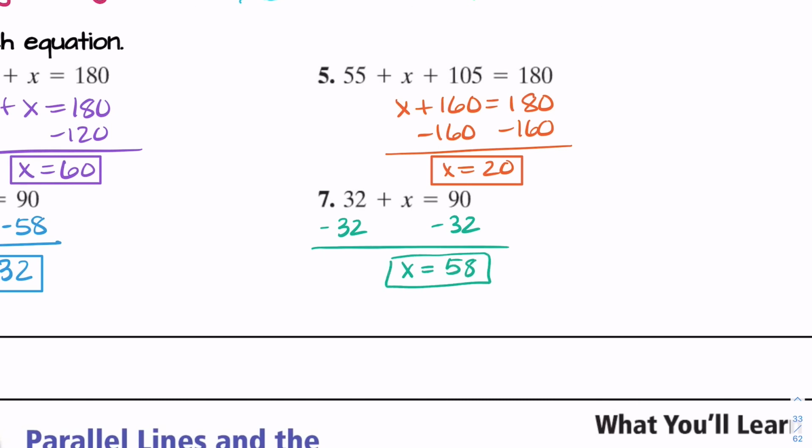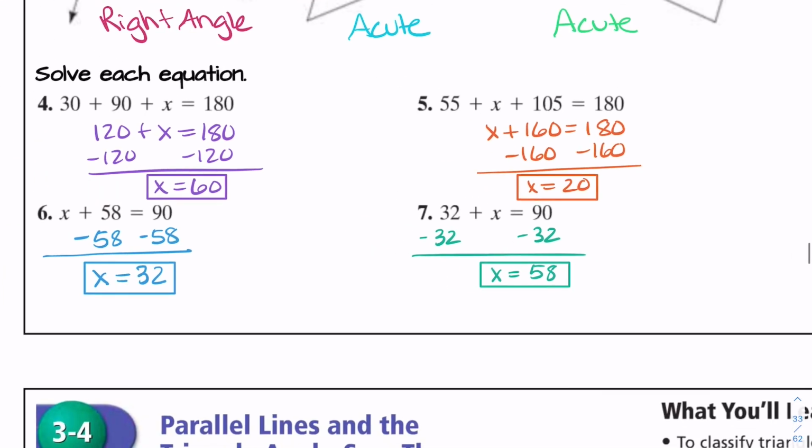Now let me ask you, what do they all have in common? And you probably said an x, which was right. What else do they have in common? Respectively, they have something in common, and that is that we're setting everything equal to either 180 or we're setting everything equal to 90.